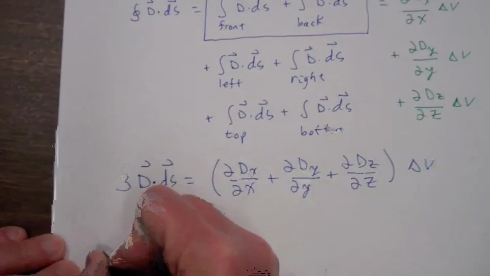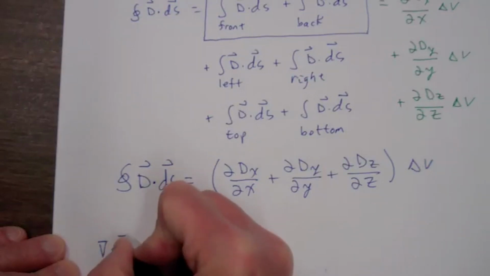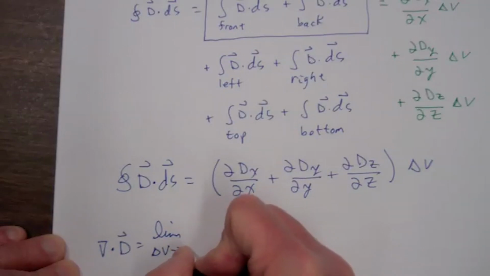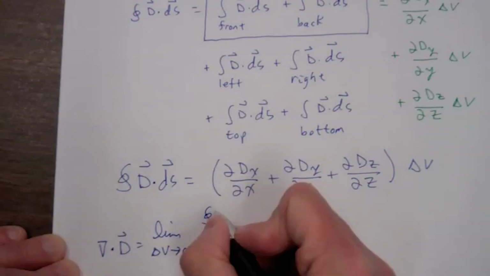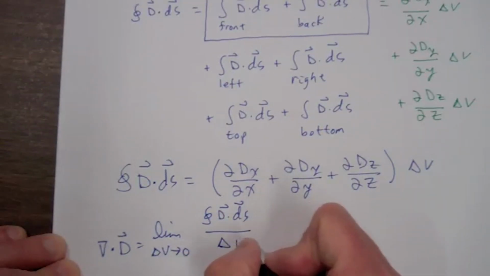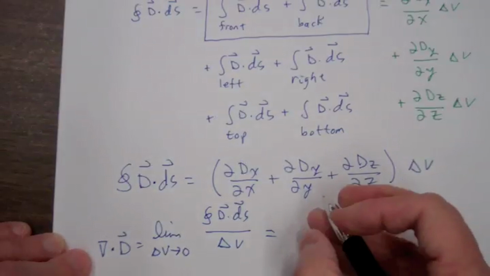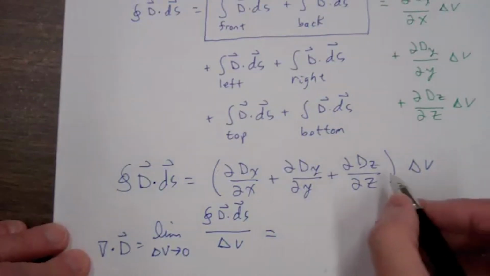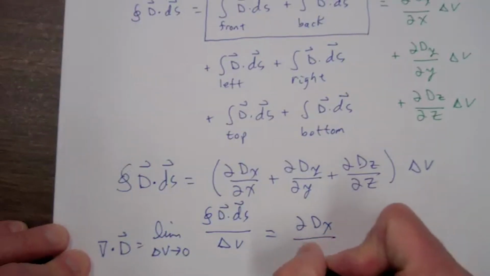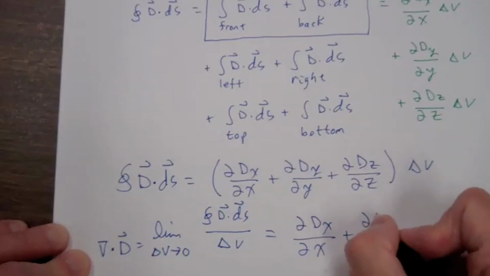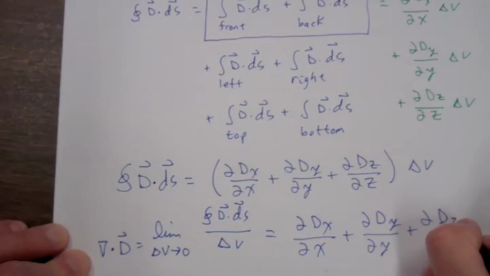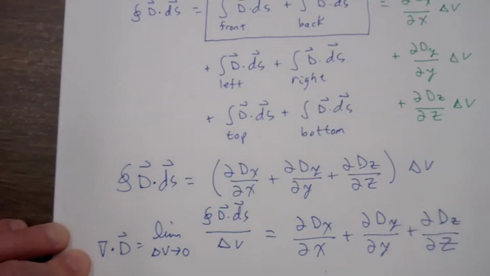So the divergence of D equals the limit as delta v goes to 0 of the integral of D dot dS over delta v, which is equal to the right-hand side here, which when you divide by delta v, you'll just be left with partial D sub x with respect to x plus partial D sub y with respect to y plus partial D sub z with respect to z.